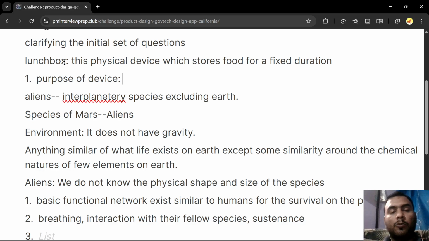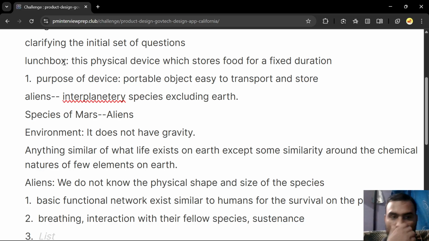But from the angle of the user who is using it, since this is a portable object, the purpose is to easily transport and store food items.